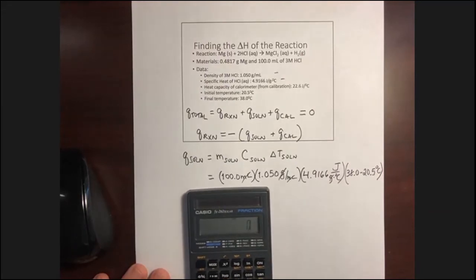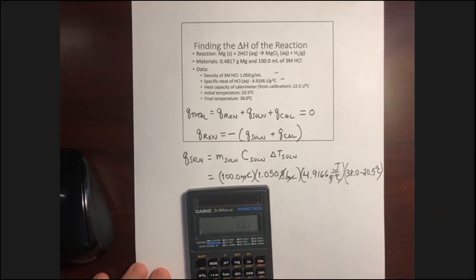So 38 degrees minus 20.5 degrees is 17.5, that's 3 sig figs, times 4.9166 times 1.050 times 100.